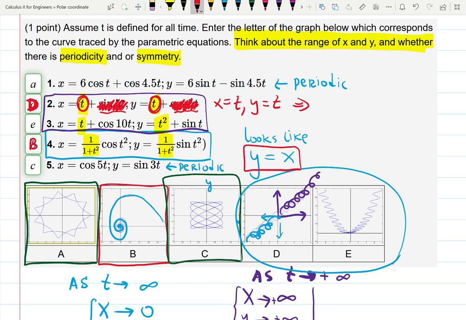So that basically means y equals x, right? And y equals x is a line. What kind of line? This kind of line, which goes through the first and third quadrant, right? So it is indeed a line which has wiggly parts that show up from sine and cosine. Because sines and cosines are oscillators, they make this line loopy, so it goes in loops. So that makes sense. That's how you know that it is indeed D.